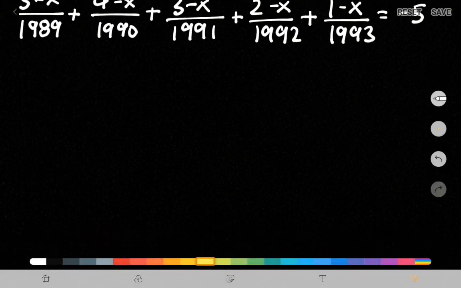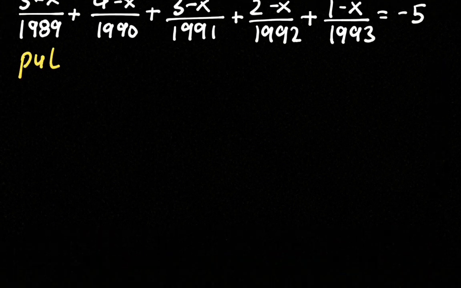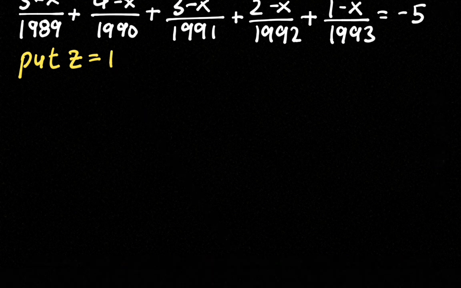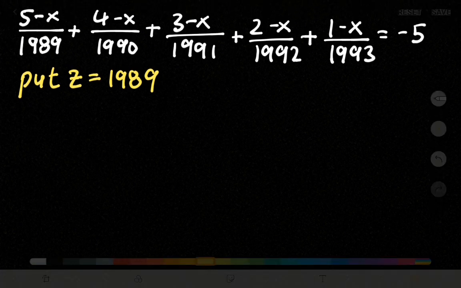So put z equals 1989 to make things easier.